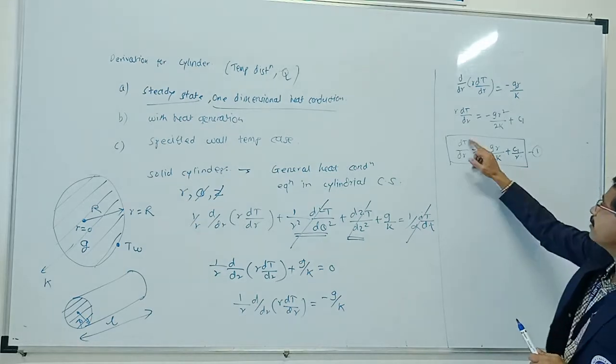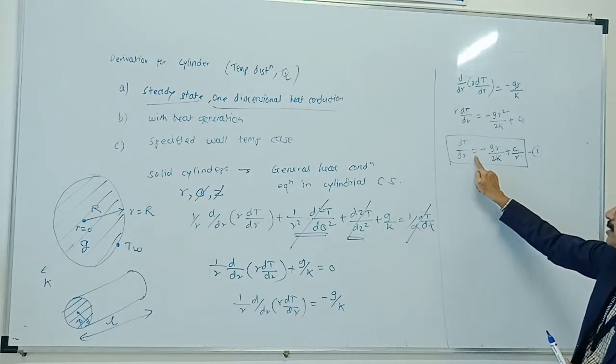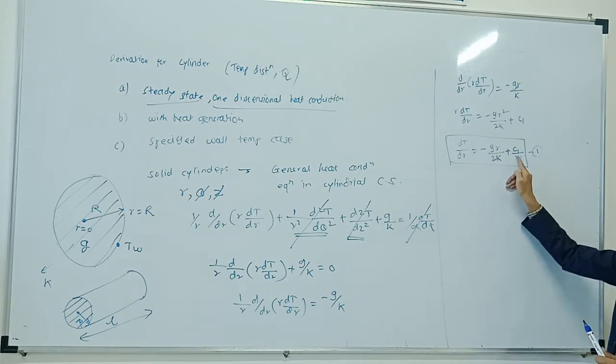So dT by dr is equal to minus g r by twice k plus c1 by r.